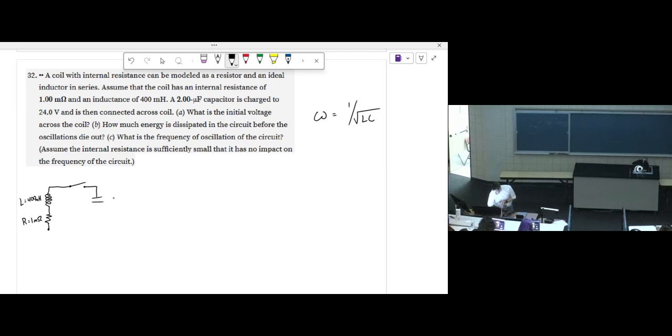And we've got a capacitor here, C is equal to 2 microfarads, and the initial voltage across that is equal to 24 volts. And then we come back through here. What is not stated here is what is the initial voltage across the coil when the switch is closed.